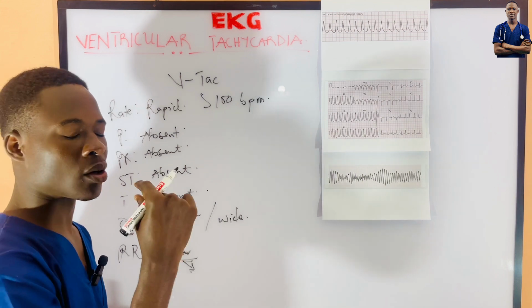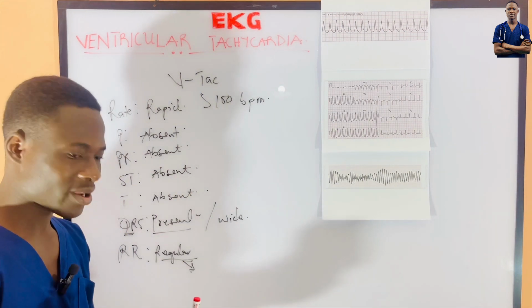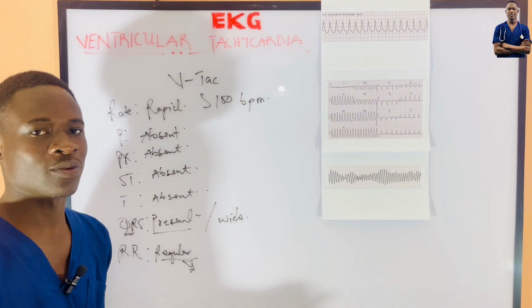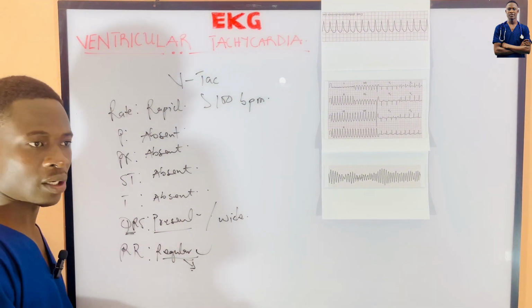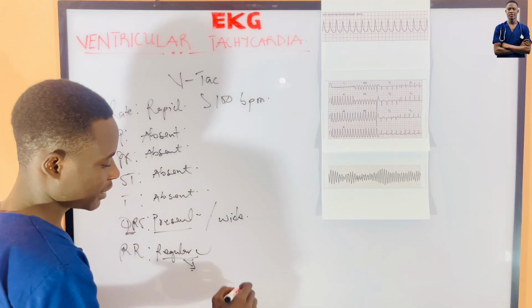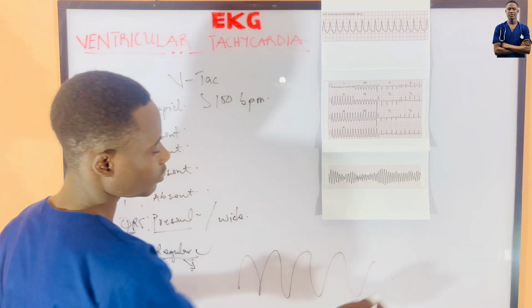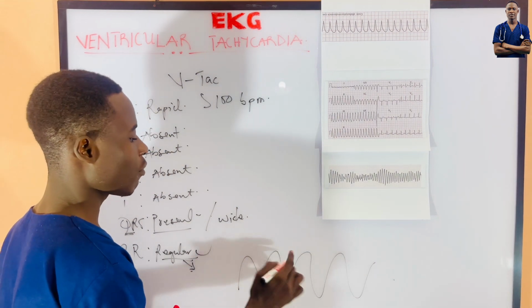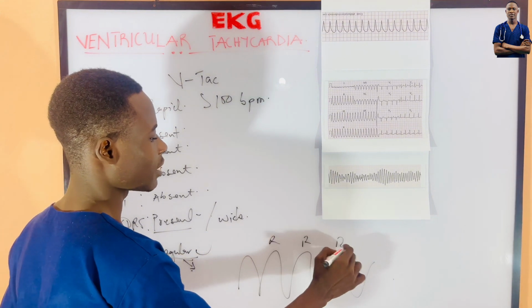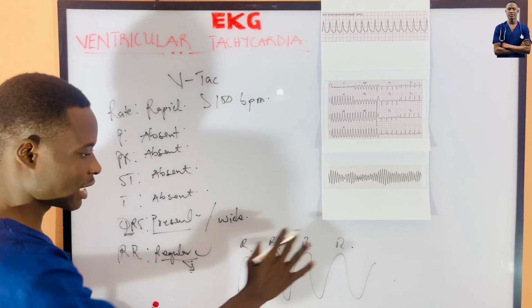The only thing that you will see is the QRS complex, which is very wide, and it is organized. That means it is regular. Only the QRS complex that you'll be seeing.